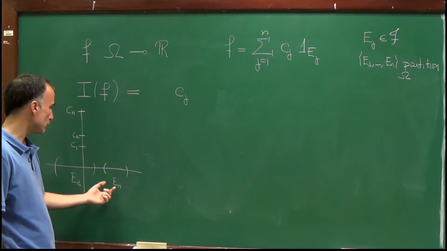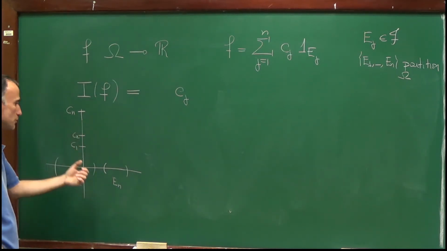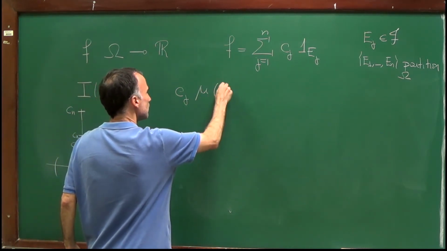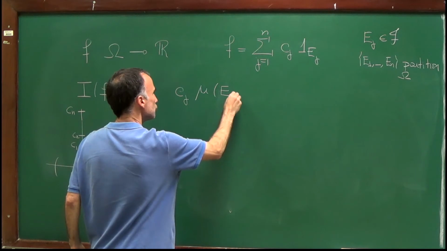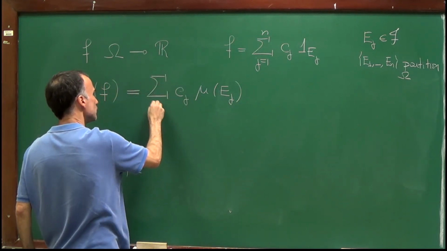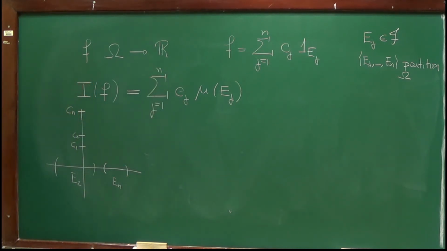It can be more sets, because maybe cj is equal to ck. Then I multiply that by the measure of Ej, and then I sum over all these values, and this would be a reasonable definition of the integral of the simple function f.